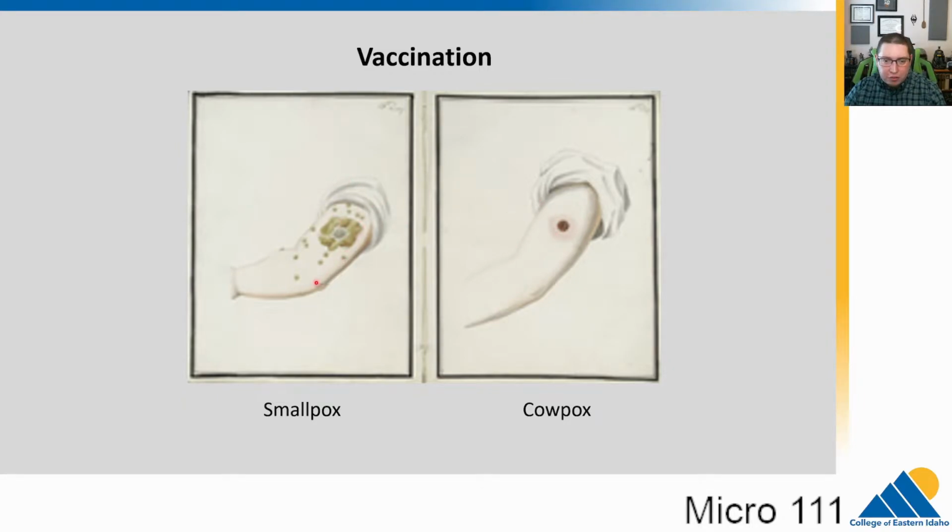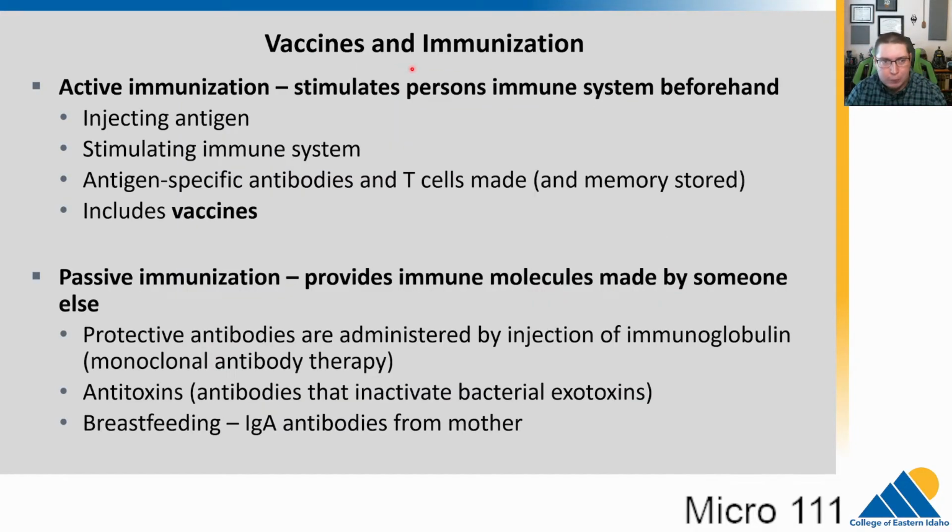Smallpox will cause lesions across the whole body and can be deadly. So, vaccination, our process of inoculating people with cowpox, vacca is cow in Latin, this process led to this theory that if we inject people with one antigen or one disease-causing microbe, maybe it can protect them against another.